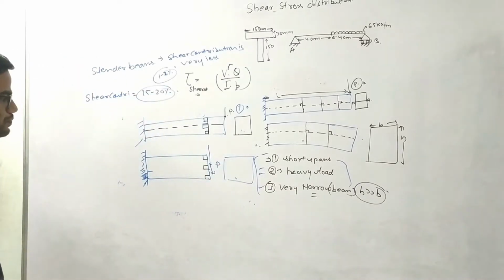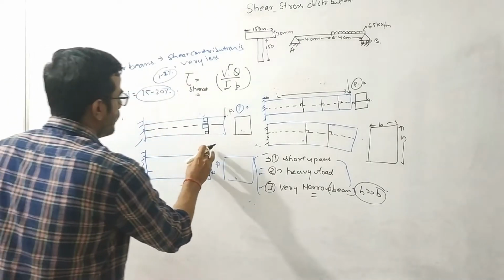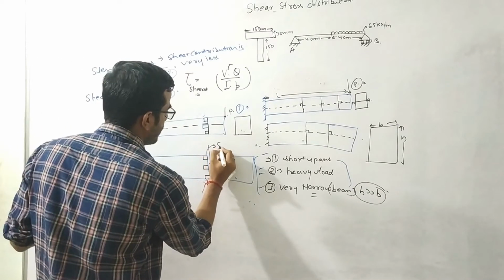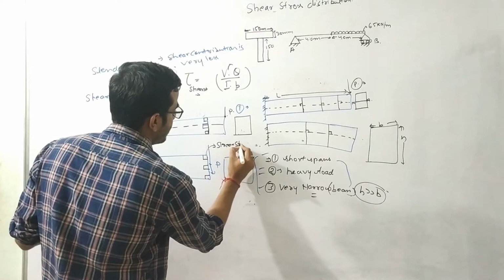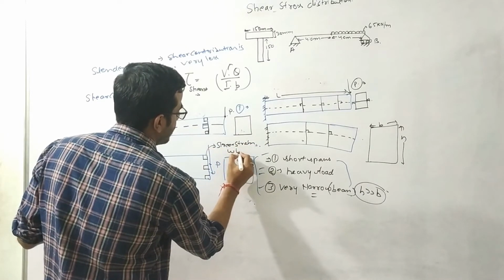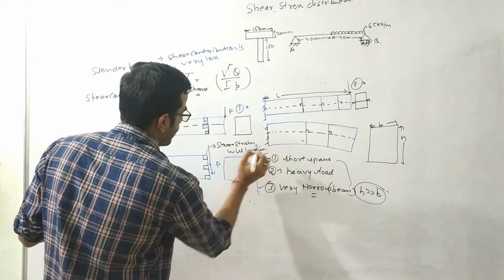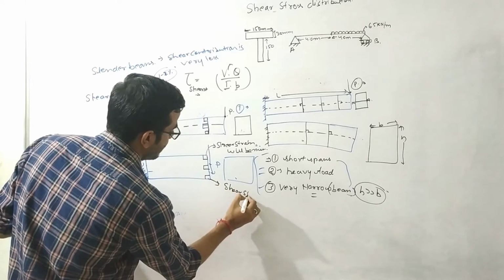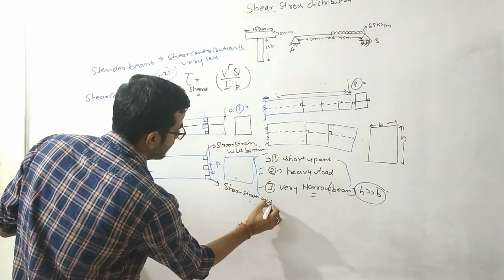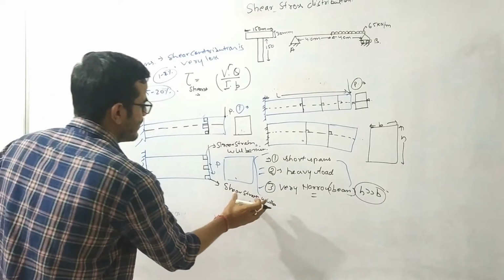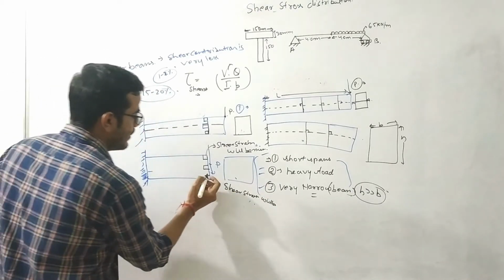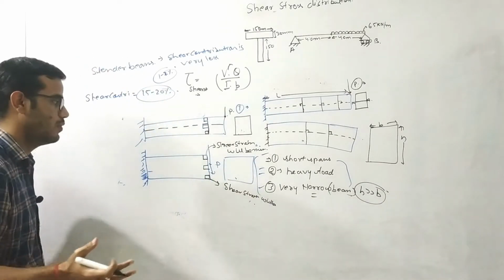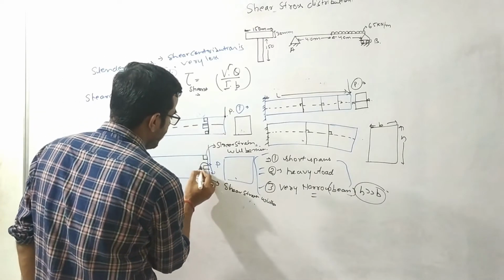At this top fiber, the shear strain will be minimum, and the same goes for this one also. Shear strain will be minimum means that in this portion I will have very less shear strain, and the maximum shear strain will be at this location.